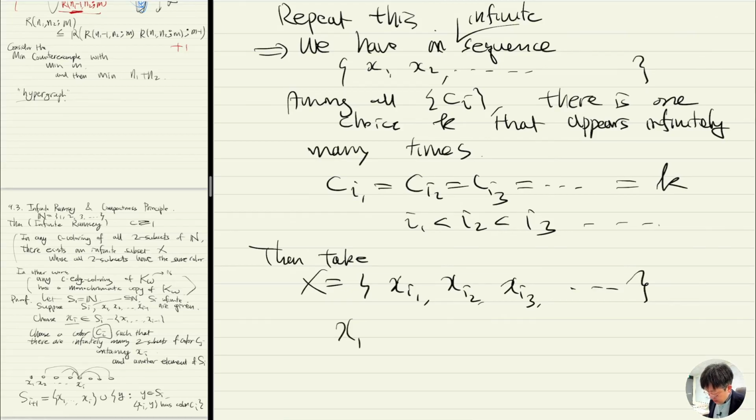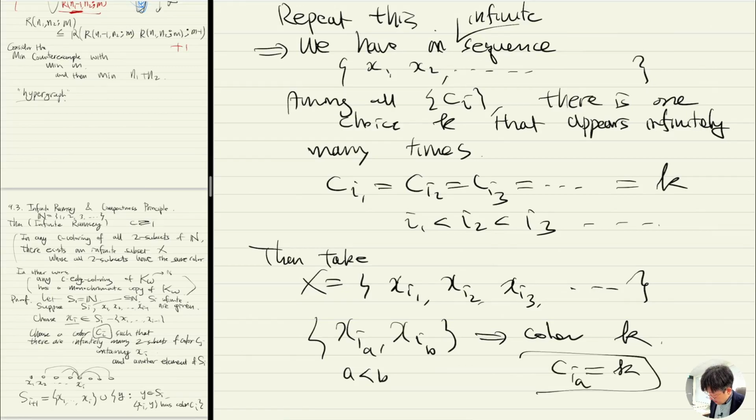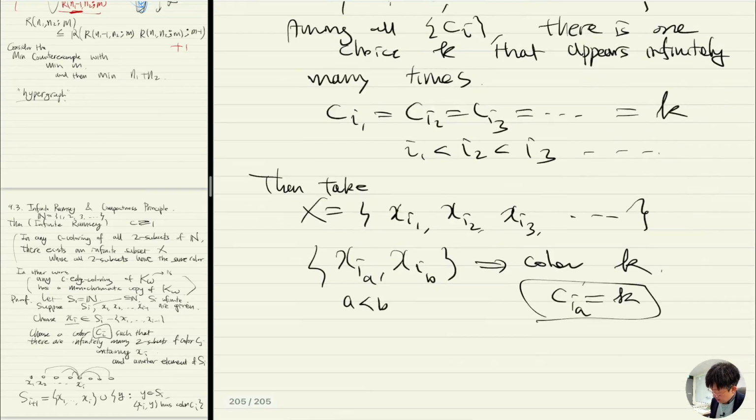Now consider all sets of size 2. This has color K because the color depends on Ci, but this Ci is equal to K. So that's the infinite Ramsey. So I have an infinite monochromatic subgraph.